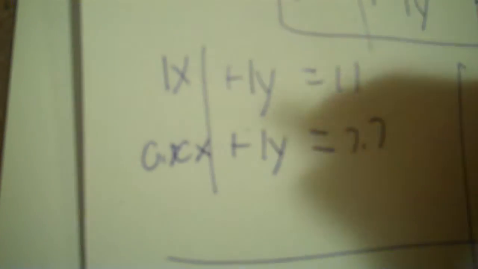So you've got equations here and here. Okay. So your two equations, you have x plus y equals 11, and then 0.50x plus 1y equals 7.7. The y terms are the same right there, so we don't have to multiply because we already have the same.